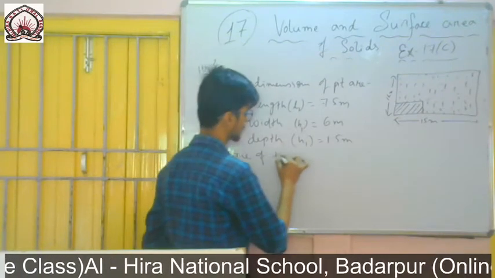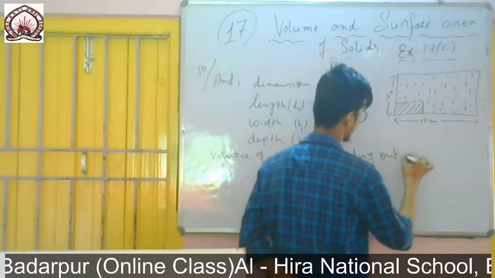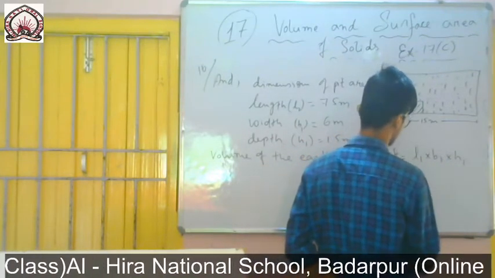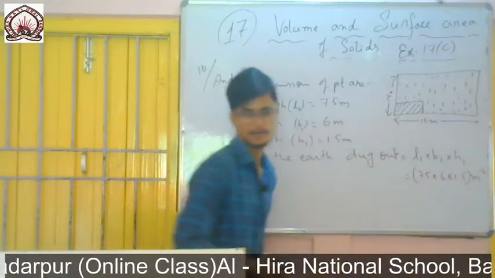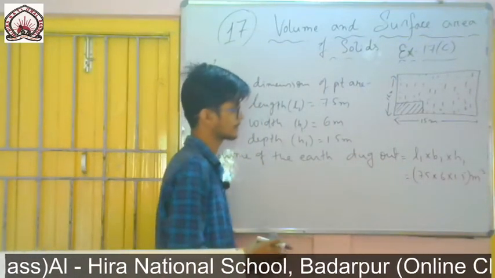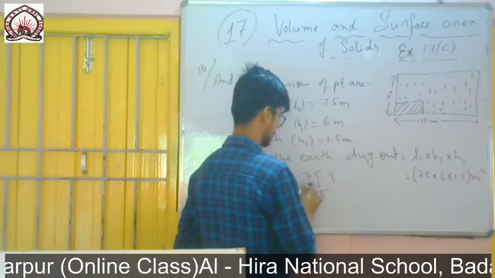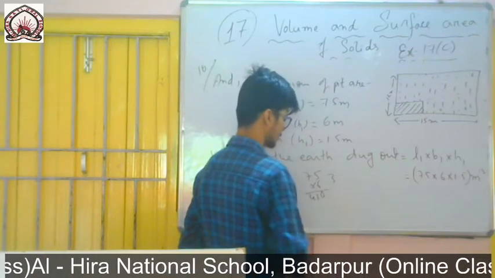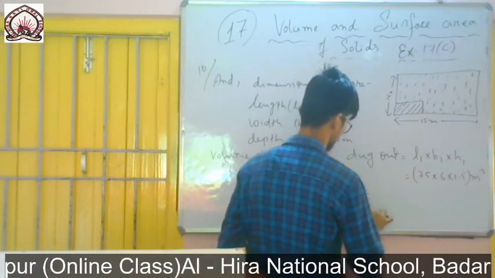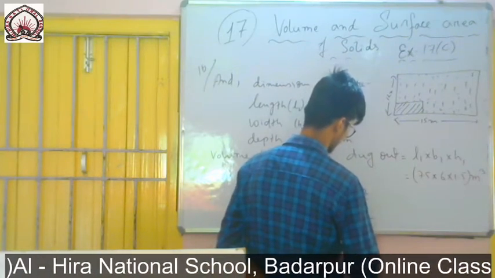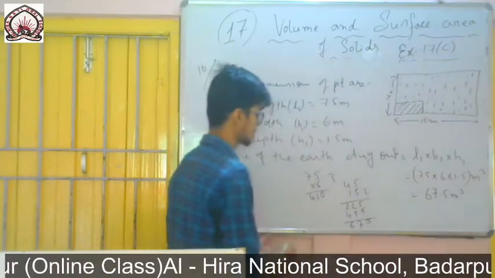Therefore, volume of the earth dug out equals length into breadth into height, which equals 7.5 into 6 into 1.5. 7.5 into 6 is 45, and 45 into 1.5 is 67.5. So 67.5 meter cube.